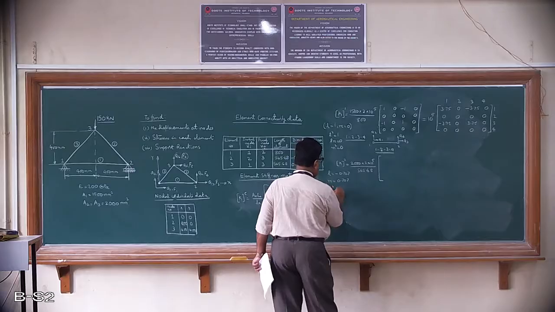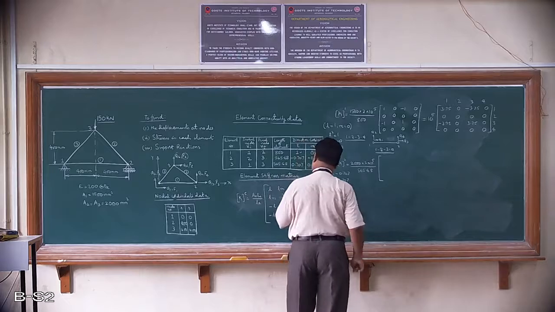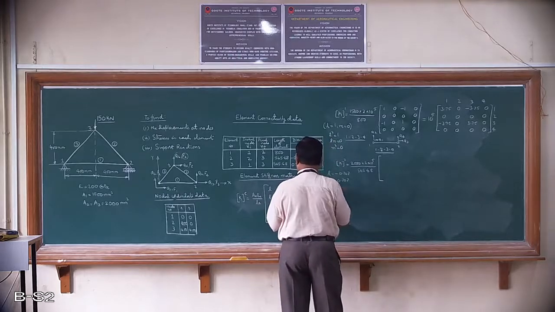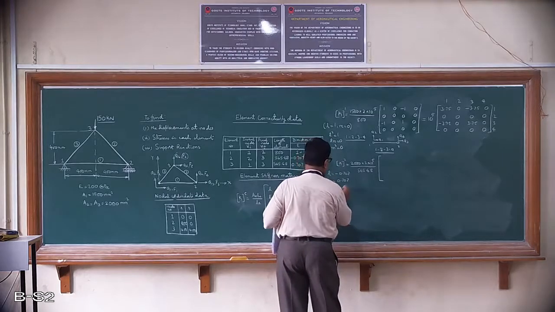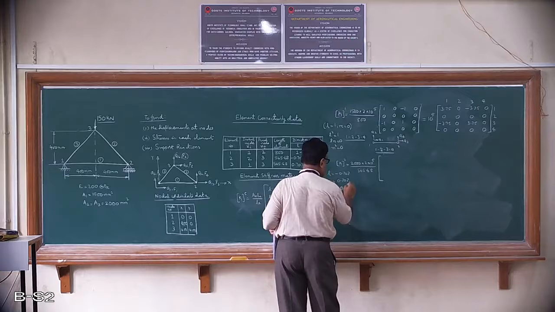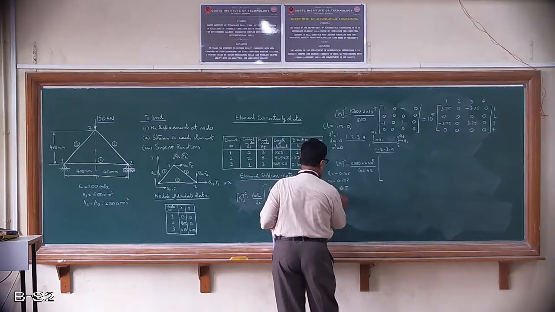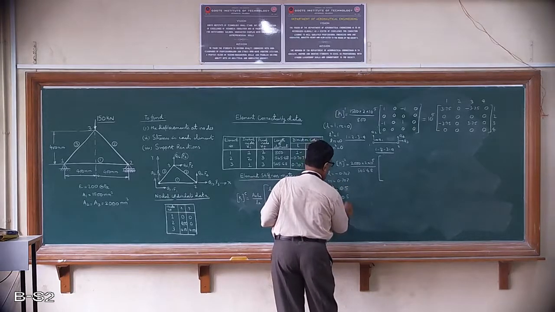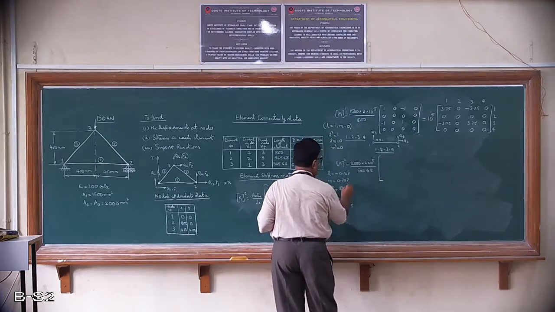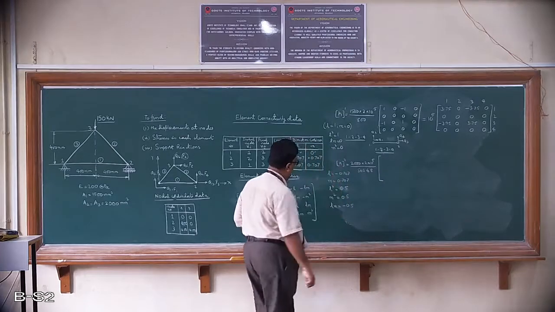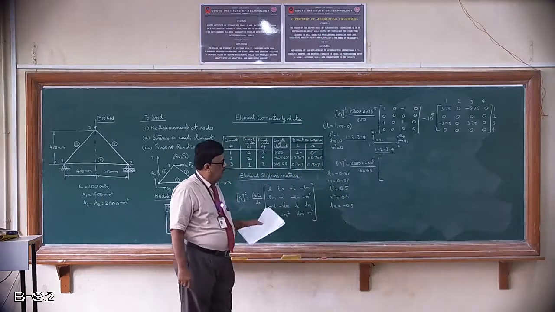L square will come 0.5. M square also comes out to be 0.5, but LM comes out to be minus 0.5 because this is negative and this is positive, so if you multiply both of them, it comes minus 0.5.